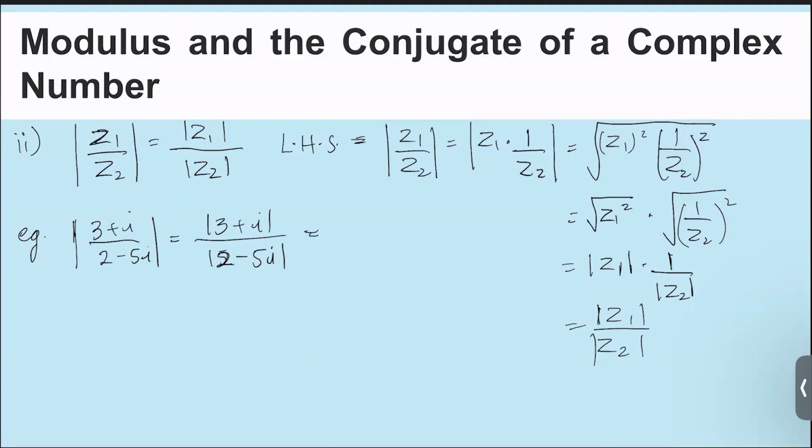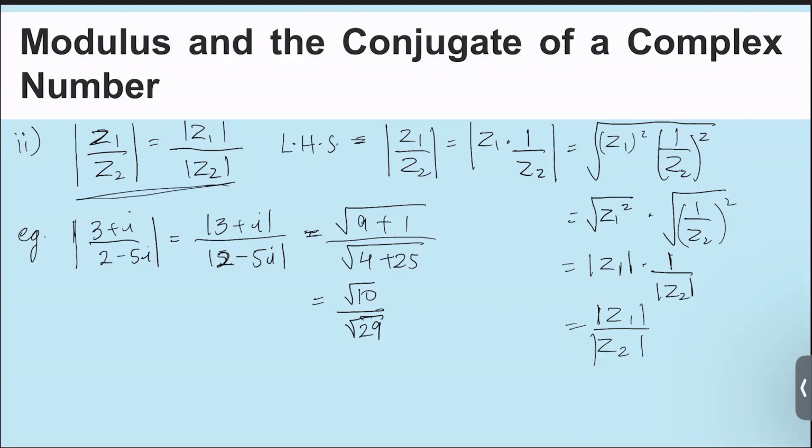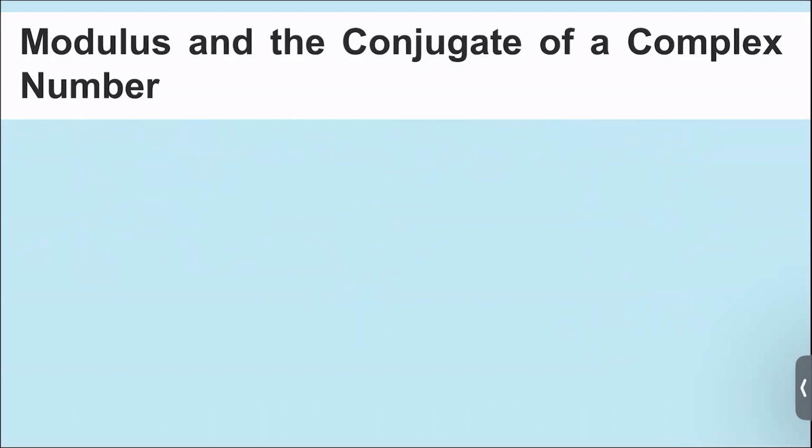For this, you will get 9 plus 1 and 4 plus 25, so as we had got, this will be root 10 upon root 29. So you can see that using this relation, you can find the modulus of the division of two complex numbers.